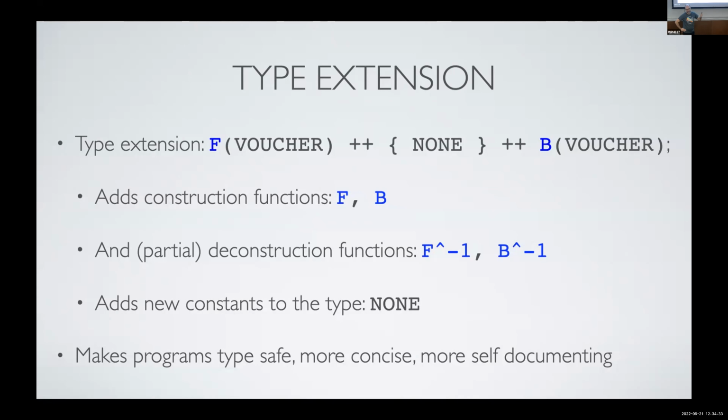And we add a new constant into the type as well here. This makes programs more type safe, or more concise. Well, it's shorter, not necessarily easier to understand depending on how complicated the expression is, possibly more self-documenting.